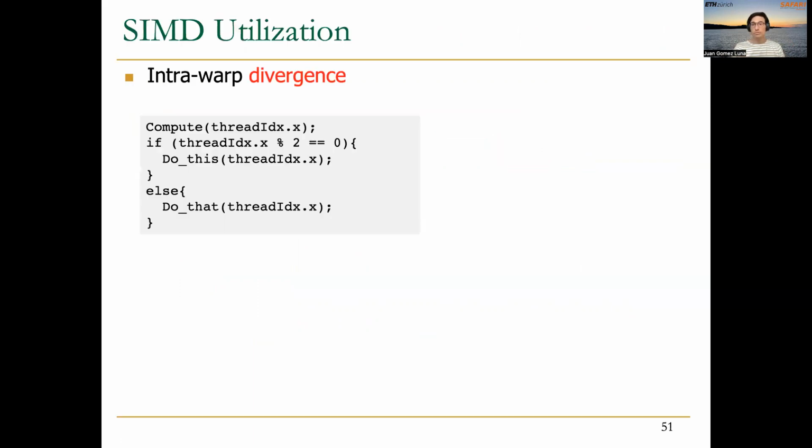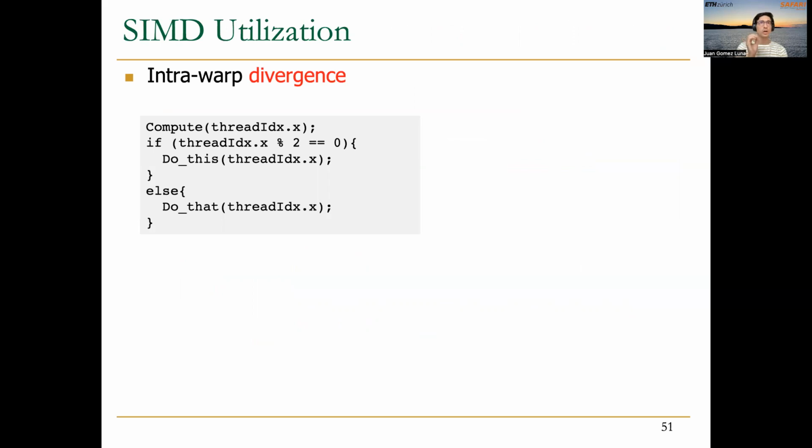I mentioned as well that another important performance consideration is SIMD utilization. Remember, we execute warps, and the threads in these warps run in lockstep, so they are all together. If we have divergence, then the performance will be dramatically affected.